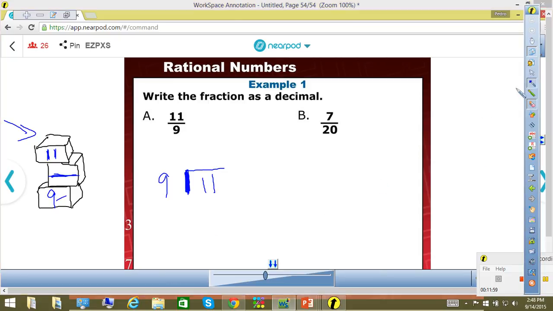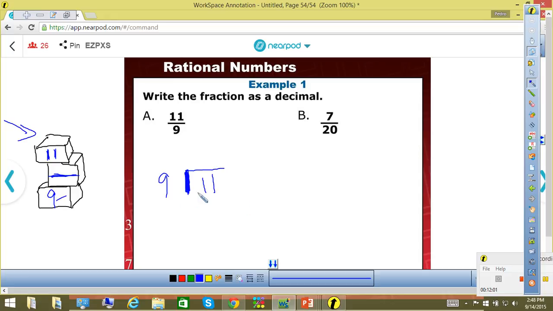All right, here we go. So let's do this one together. Write it out, please. Does 9 fit into 11? One time. Draw the 9. Subtract. 11 minus 9, that is 2. From there, is there another number here?